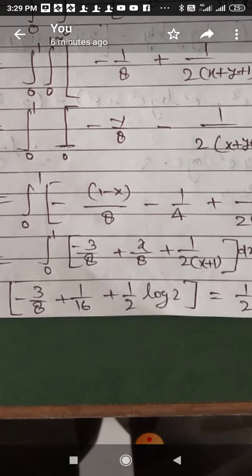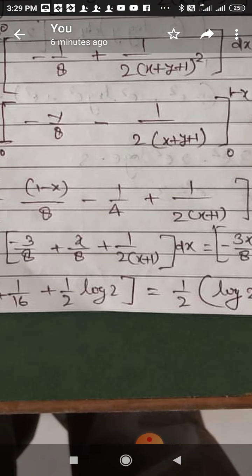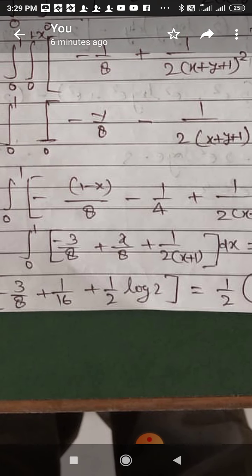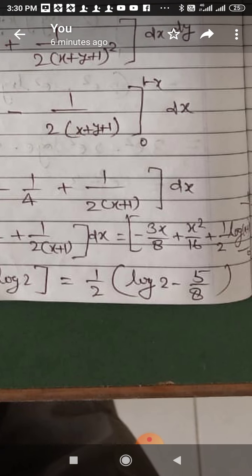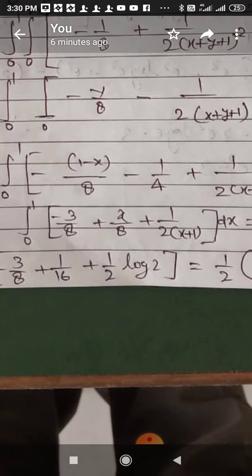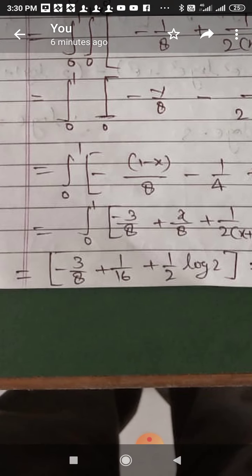Again it is integrated with respect to x. It gives minus 3 upon 8 plus x upon 8 plus 1 upon (2 times (x plus 1)) dx, limit 0 to 1. After integrating and putting the lower and upper limits, it gives the value minus 3 upon 8 plus 1 upon 16 plus 1 upon 2 log 2.